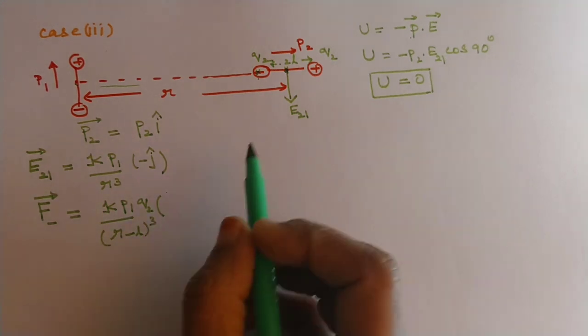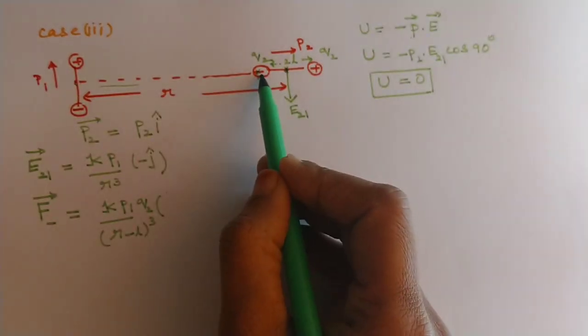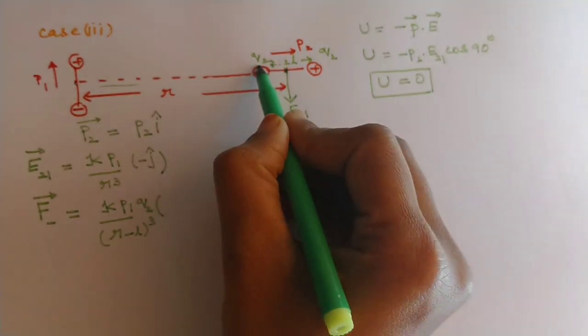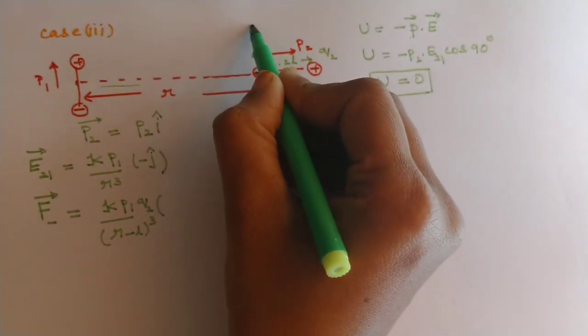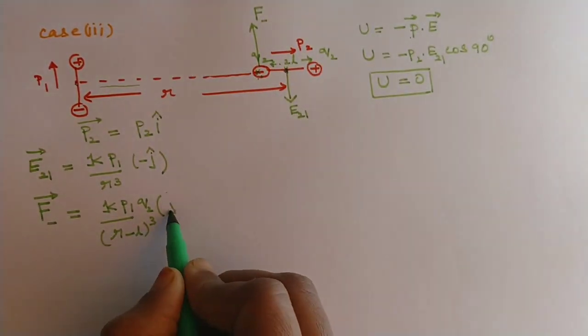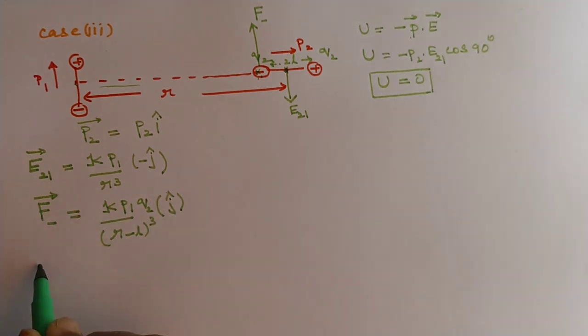Now look at the direction. A negative charge will always experience a force opposite to the direction of the field. So this is experiencing an upward force. So the direction would be plus j cap. Similarly, find the force acting on the positive charge.